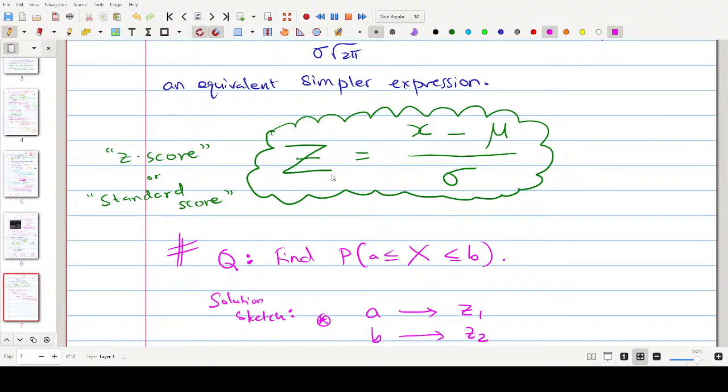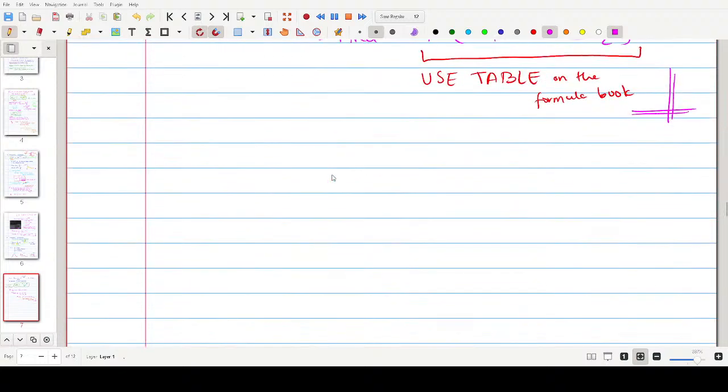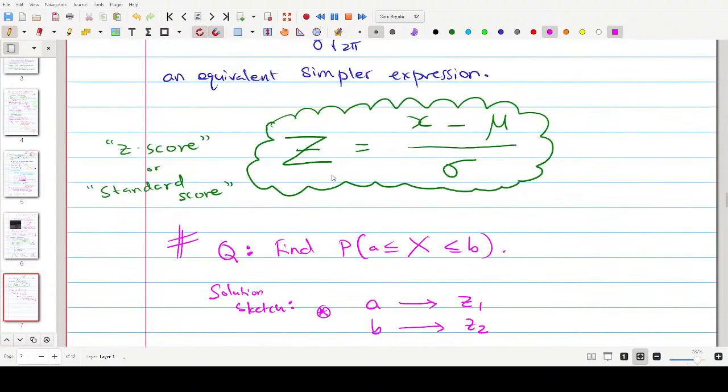Now I will try to get a small piece of the formula book and keep it on the screen. So the value of Z is very important. This is called the standard normal distribution, the distribution of the Z.